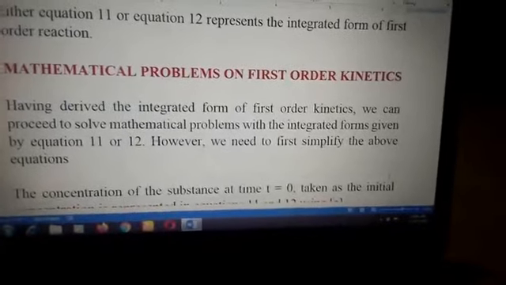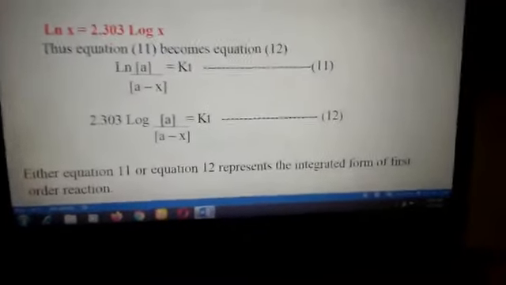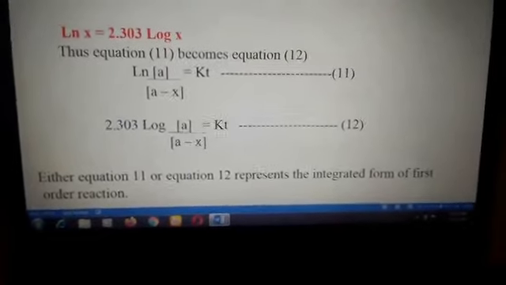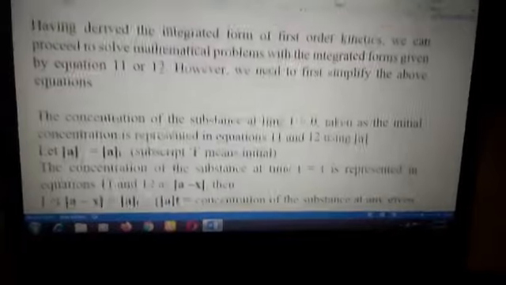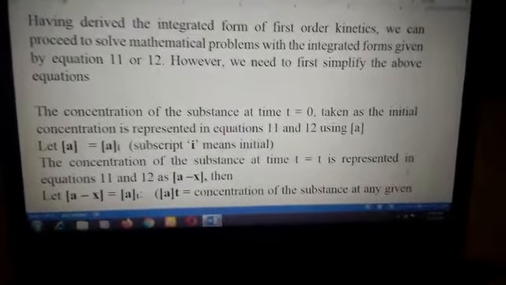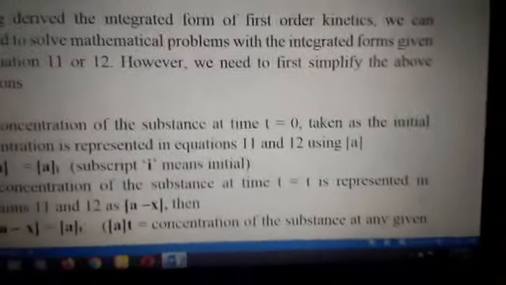However, we need to first simplify the above equations. So before we start applying equations 11 and 12 to solve mathematical problems on first order kinetics, we have to make these equations simplified. So we said the concentration of the substance at time 0, taken as initial concentration, represented in equations 11 and 12 as [a], that is a square bracket small a.